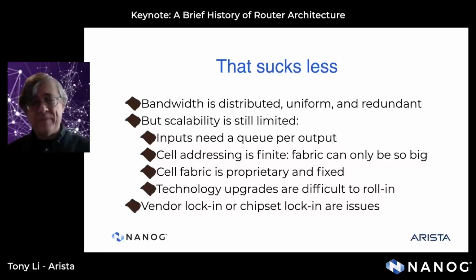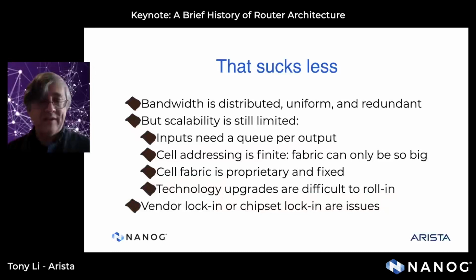That's a limitation on scalability. Our cell addressing turns out to be finite. We have to have address bits in the cell, and that means that our fabric can only be so big. And we have to fix this when we start designing the fabric hardware. So we have to make a decision up front, very early on, about how big our fabric is going to be.